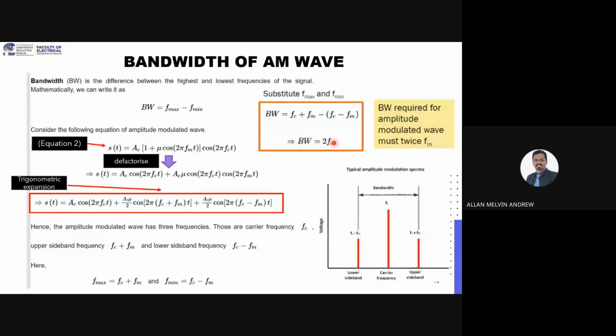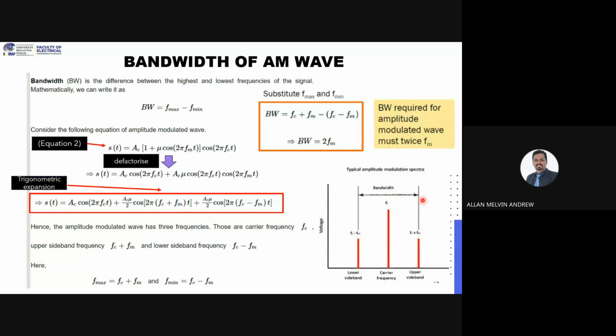I show you in the graph: this is your carrier frequency in the middle, here you have the lower sideband, fc minus fm, and on this side the upper sideband, fc plus fm. In between these two is what we call the bandwidth.